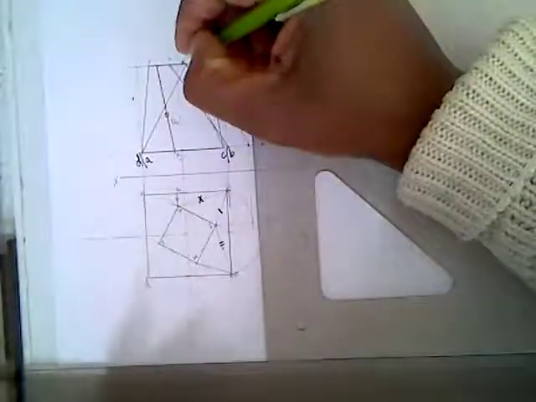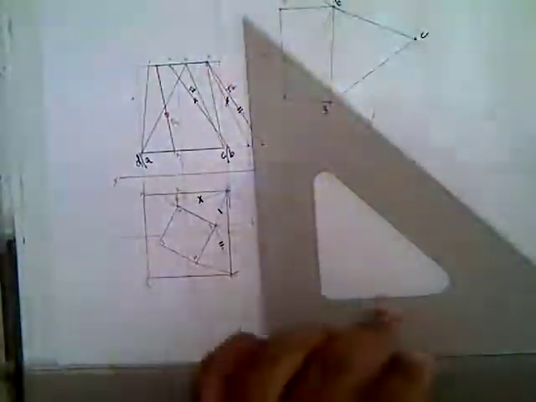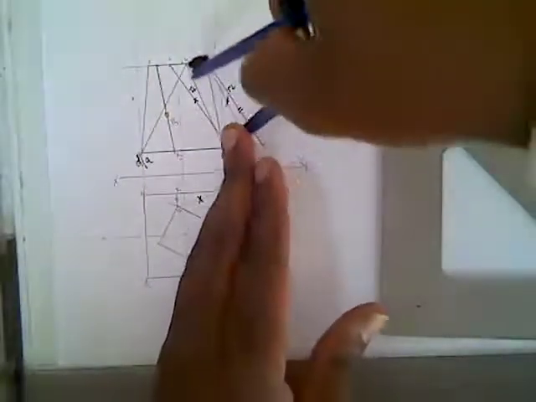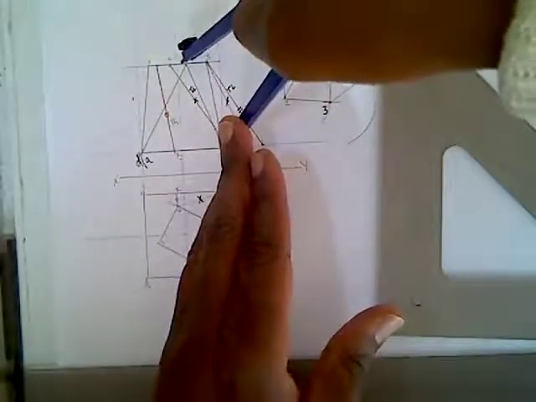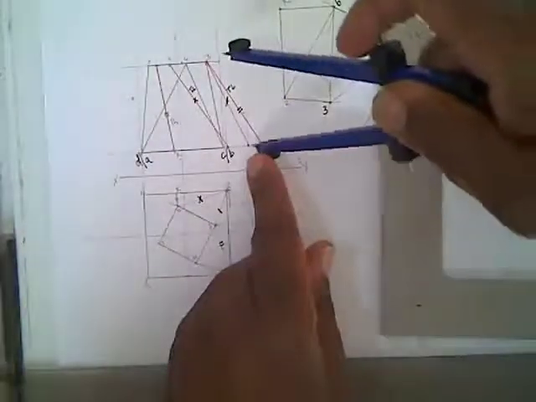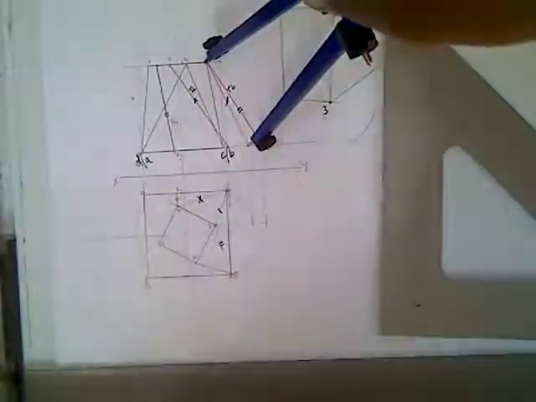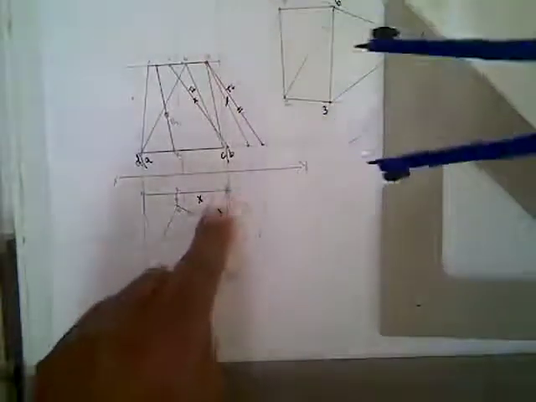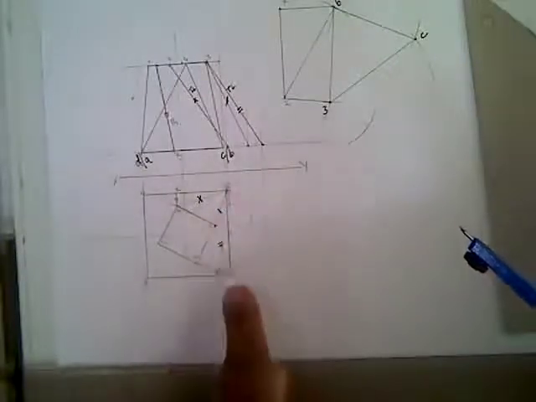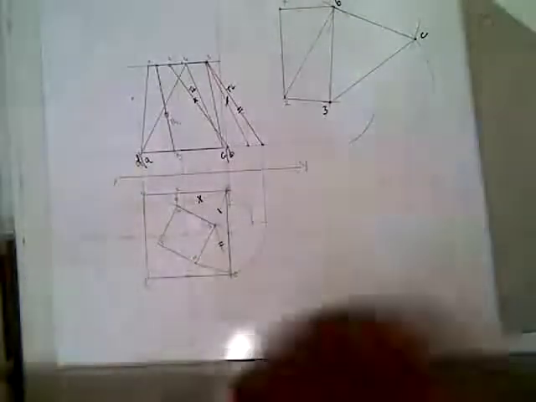There will be my new 4. 4C. Let's check. There is C. There is my new 4. 4C. And I said it is the same as that one. Let's check. Look. They are the same. So 3B is the same as 4C. So I mark it. They are the same.